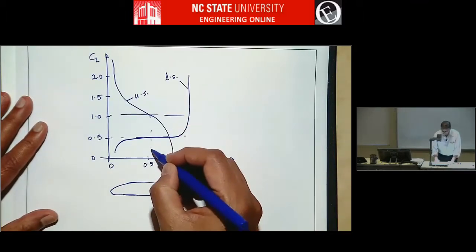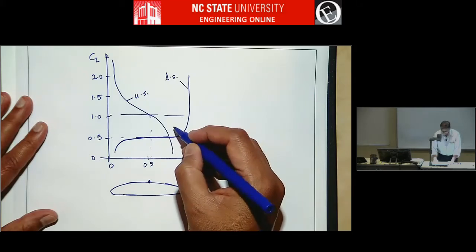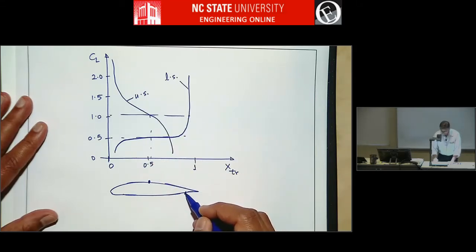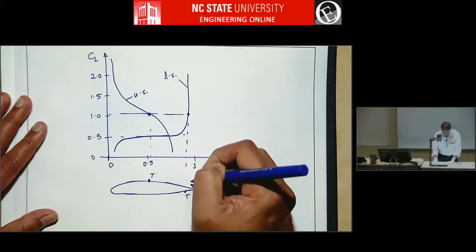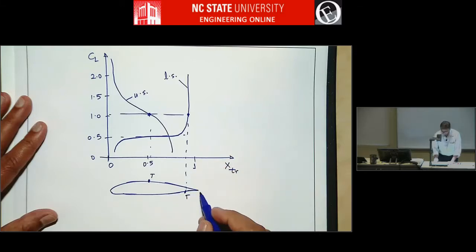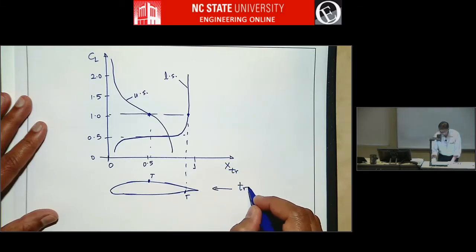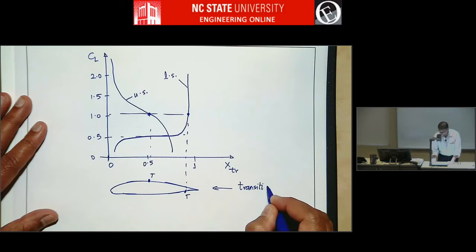Transition on the lower surface is here. So these are the transition locations on upper surface and lower surface at CL of 1.